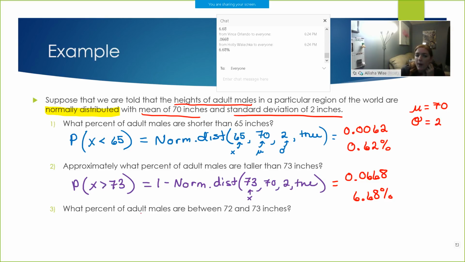How about this? What percent of adult males are between 72 and 73 inches? So 6 feet and 6 feet 1. How would we write that probability statement?